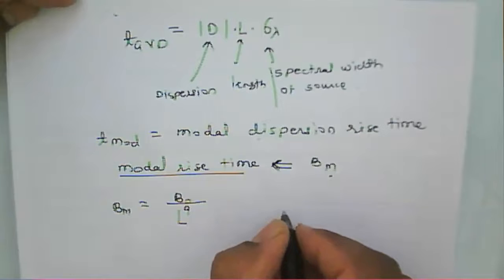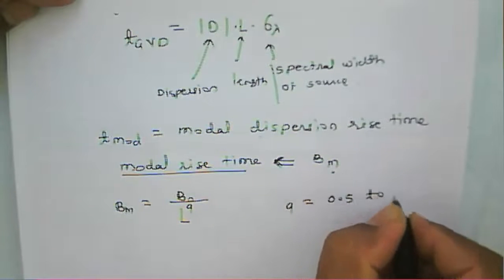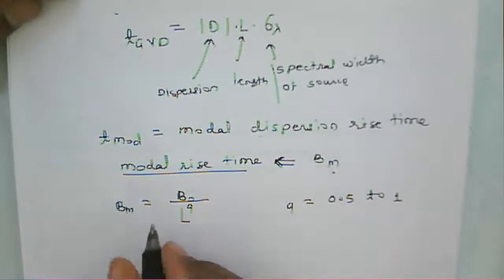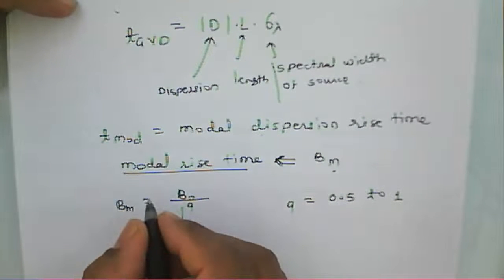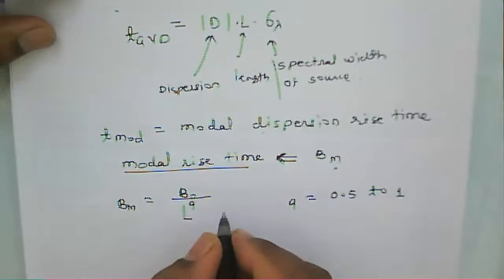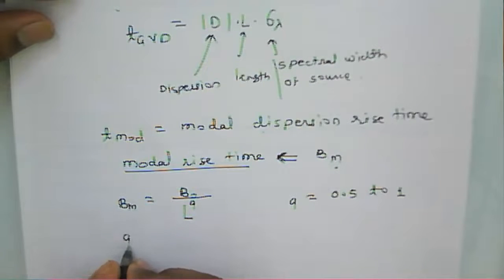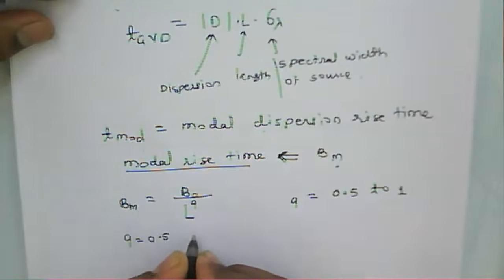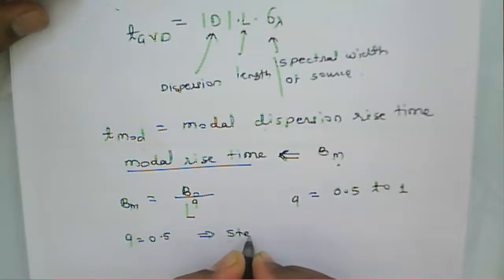Generally that Q ranges from 0.5 to 1. If Q is equal to 0.5, that indicates a steady state modal equilibrium.